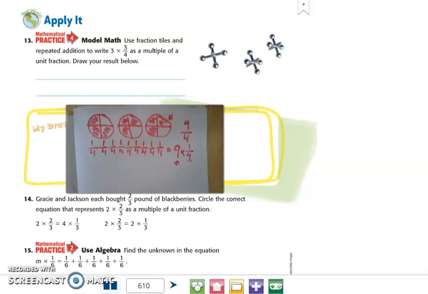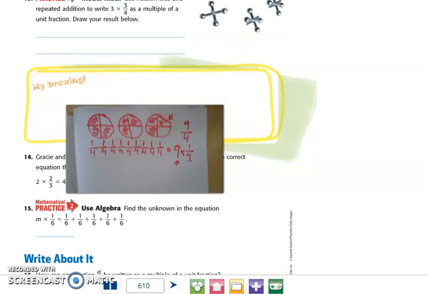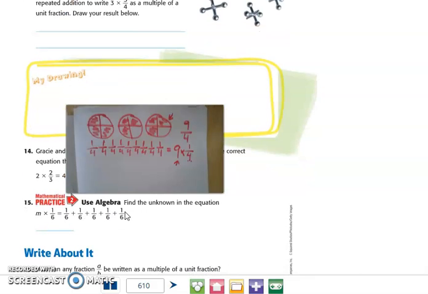Now looking at number 15, it's basically asking you how many times did you add. This is 1/6 how many times. So you're just going to write m equals, and remember not to include this one. You're just going to go with this side of the equal sign. You might end up with an extra if you don't pay attention to that.